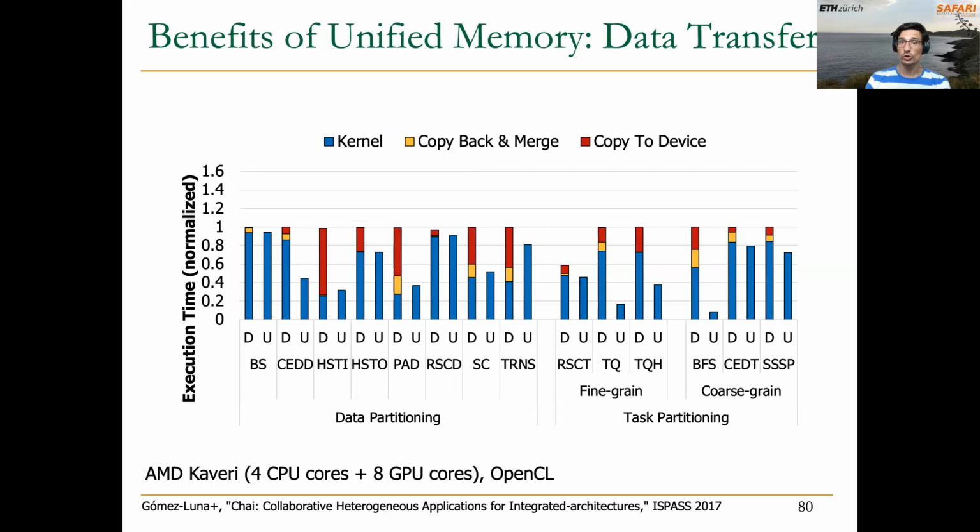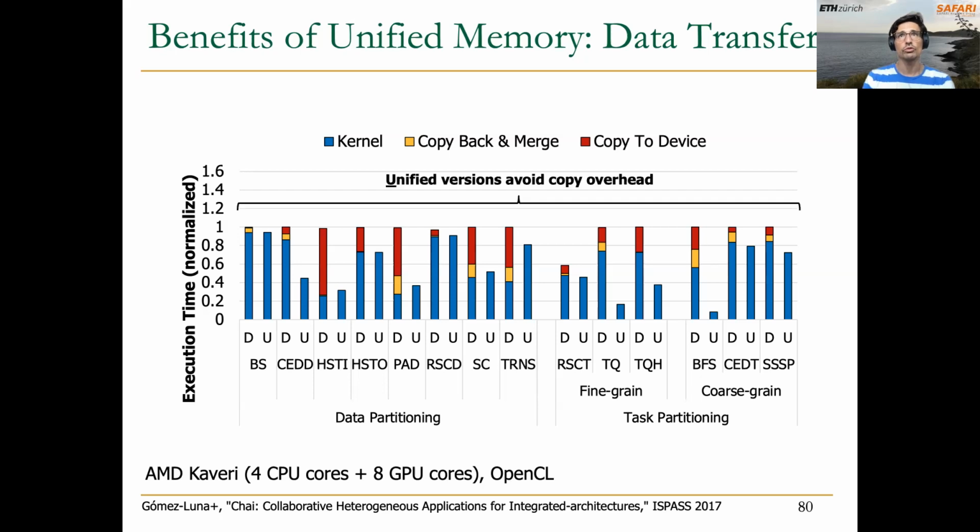The performance improvement from using the unified memory in this AMD Kaveri, that is an integrated CPU and GPU in the same chip, goes even further if we take into account the cost of the explicit data transfers in the discrete or traditional model, because we have to copy from the area of the memory that is assigned to the CPU to the area of the memory that is for the GPU. We have to do that for input data, and for output results as well.